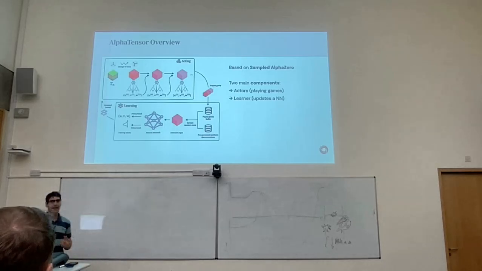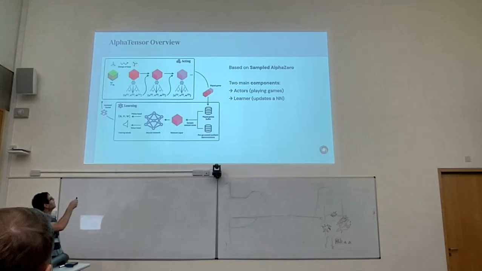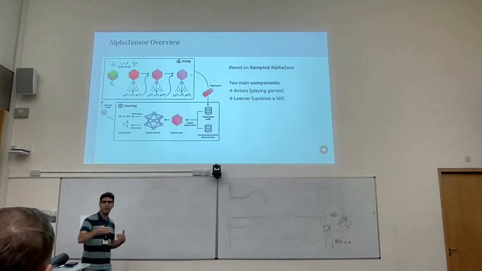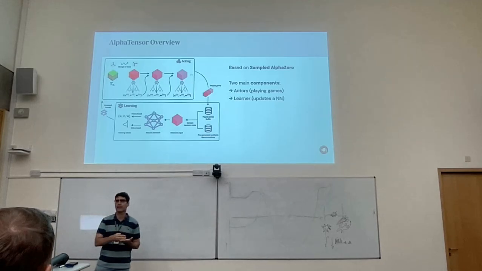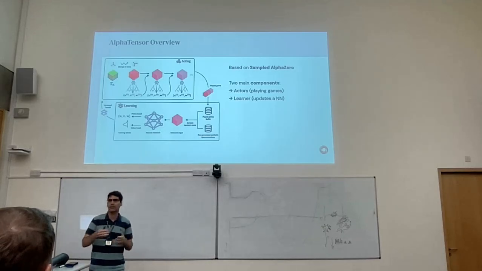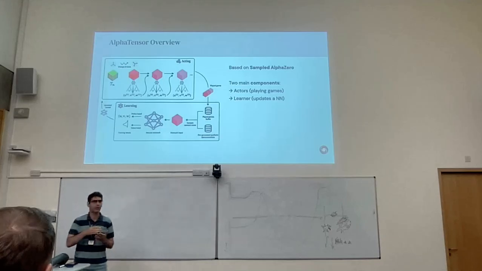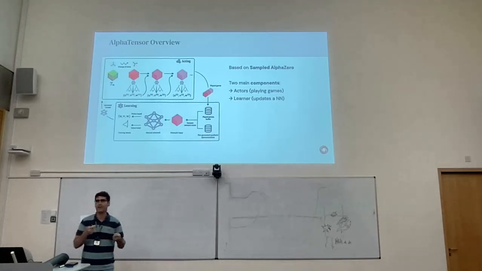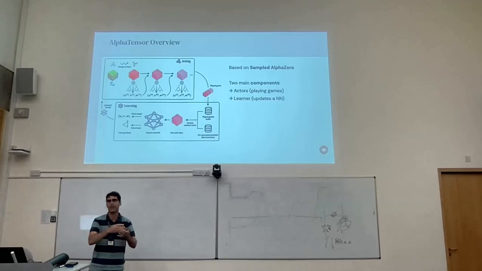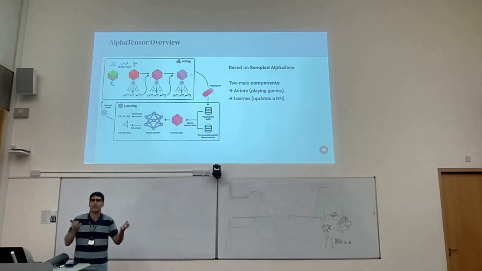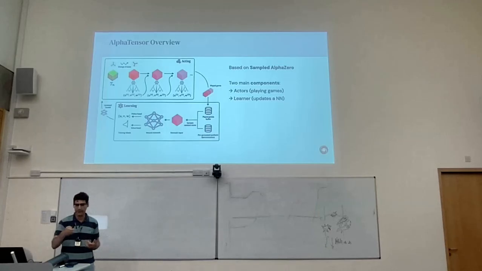The actors take the latest version of the neural network, they play the game, and when they run this Monte Carlo tree search, they are guided by the neural network, in order to compute a policy, like which move to take next, and also in order to assign how good a particular game state is. In this case, it would be like, given this tensor, how good is it, that is, the approximate number of moves you will need to finish?